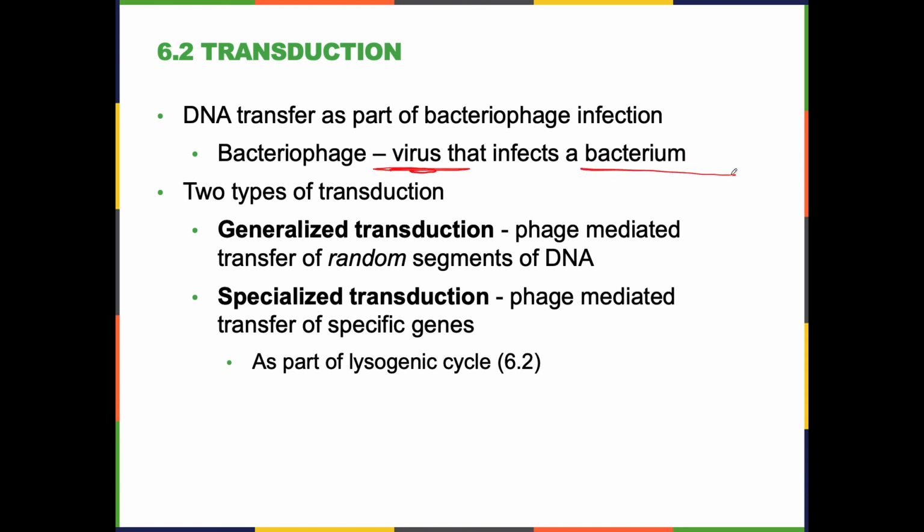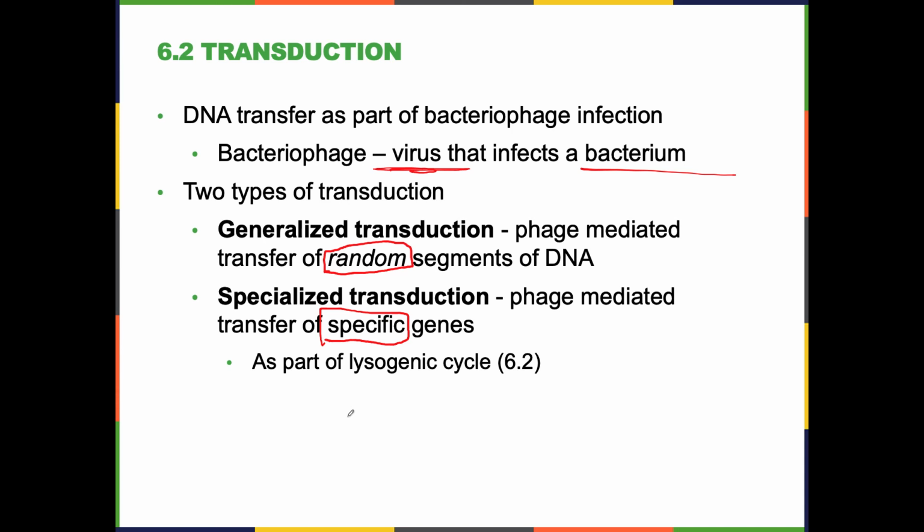Two types of transduction, one called generalized transduction, one called specialized transduction, and the only difference is that in generalized transduction, random segments of DNA are transferred, and in specialized transduction, specific genes are transferred. I don't want to talk about how or why this happens, just that it does. So, for us, we'll keep it simple. It's the same thing, except random genes versus specific genes.